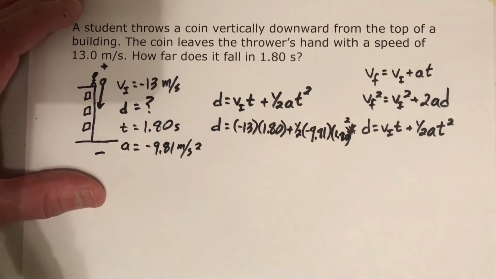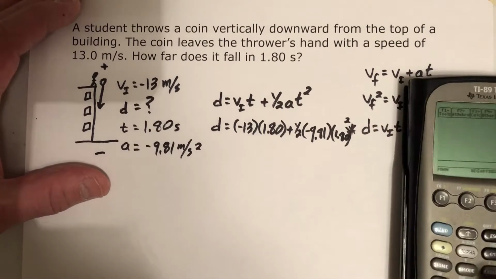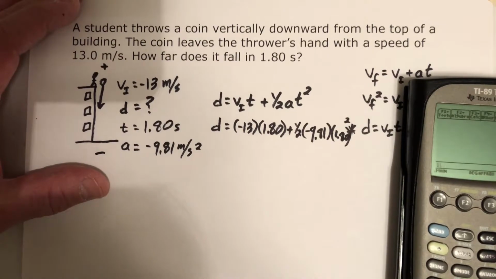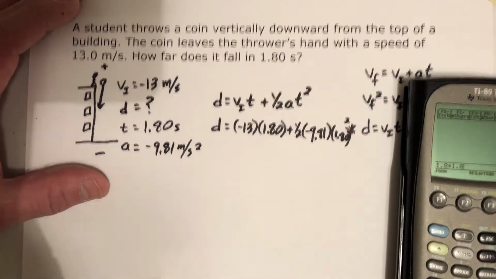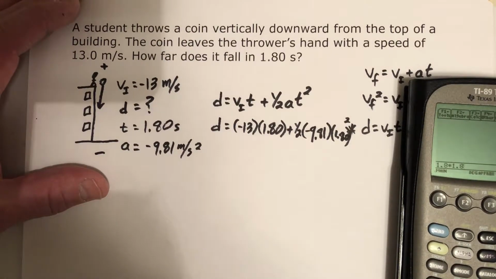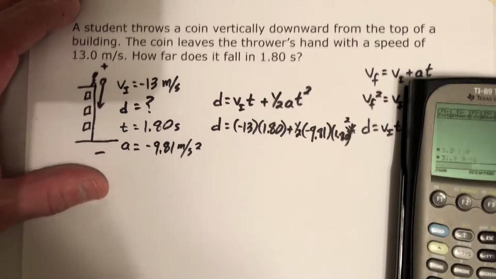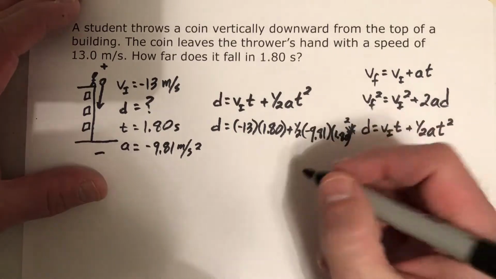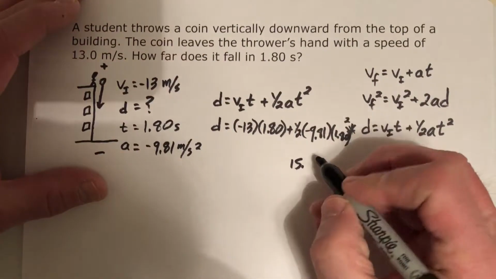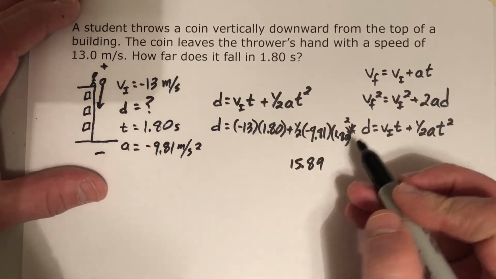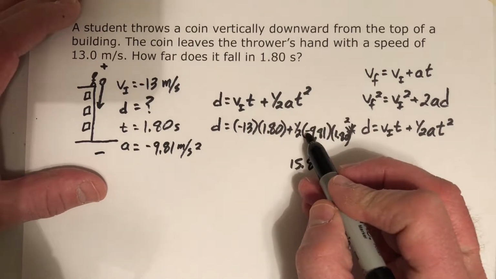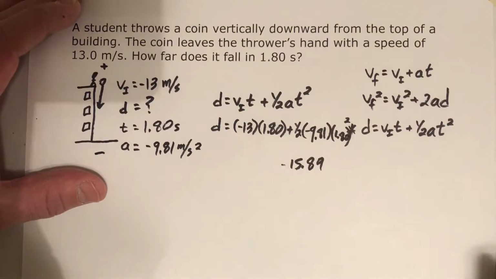Get my calculator out, and we're going to do 1.8 squared, times it by itself. So 1.8 times 1.8 equals, times 9.81 equals, times 0.5 equals, it gives me 15.89. Now, this is all negative because we have a negative here, so it becomes negative.